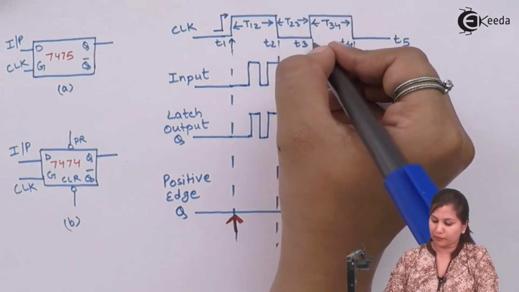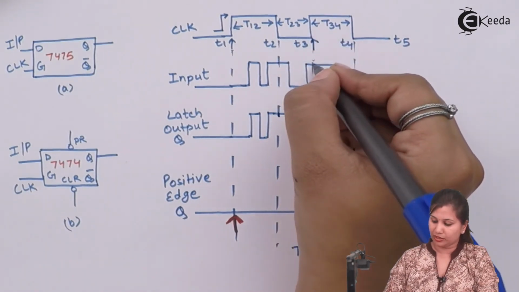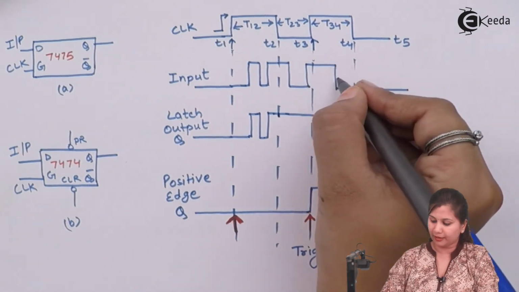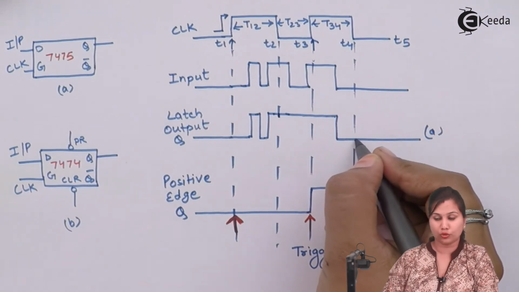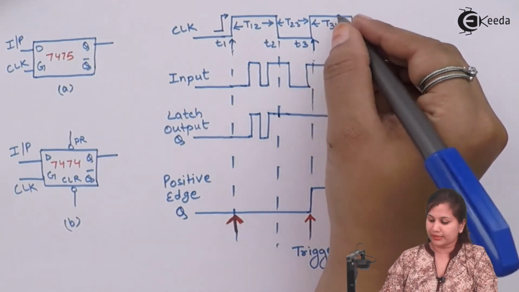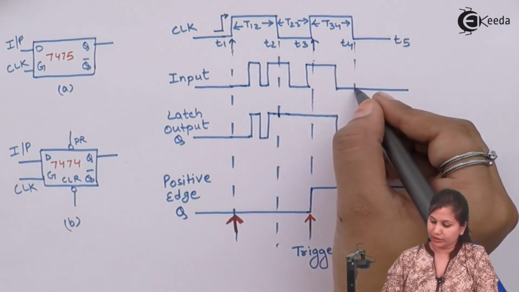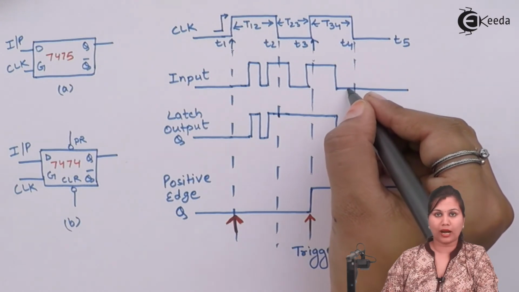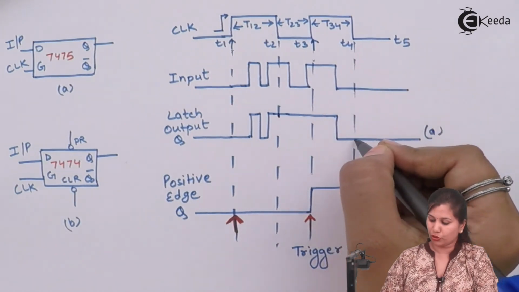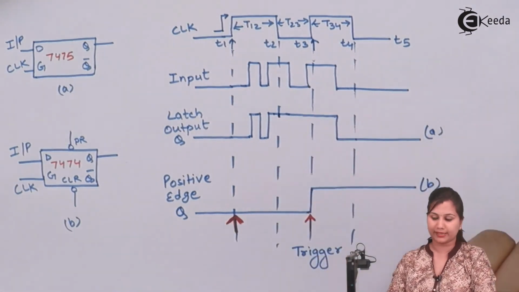This next clock pulse is given at T3. Now at T3 the input is high, so again the output is high, then it comes to low. Now the level is changing here, the clock pulse is ending, we have the negative part of the clock cycle, so the input just before this period, that is T4, is low, so this low output will be latched until the next clock pulse is given.